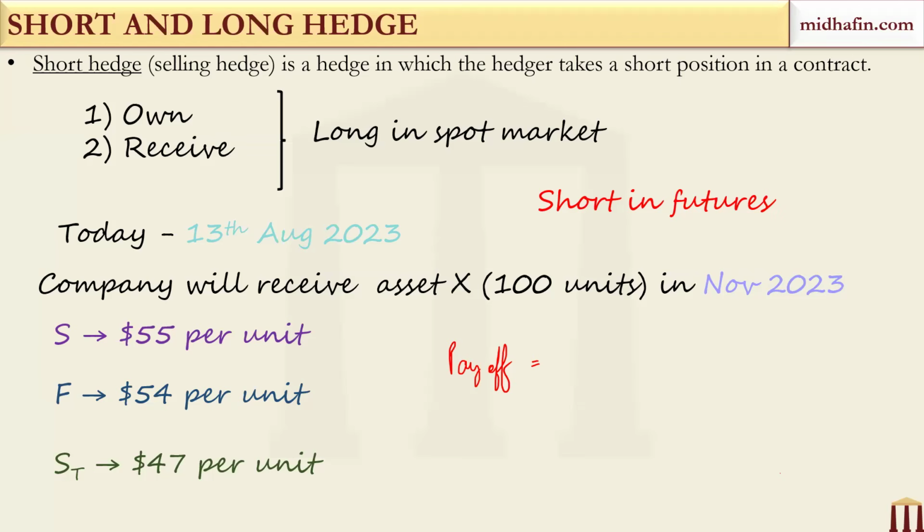you don't have the right. It is an obligation all the time. It is a commitment. That's why, when you compare options with futures and forwards in terms of terminology, futures and forwards are known as commitments, whereas options are known as contingent claims. Just like insurance contracts are contingent claims.